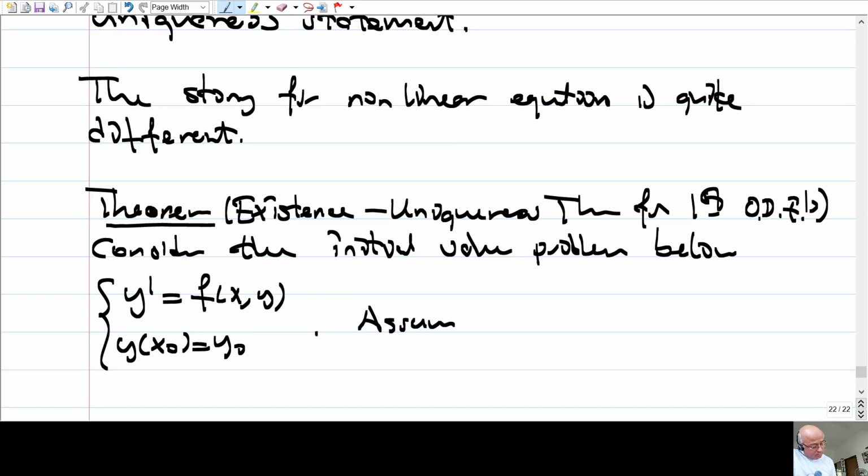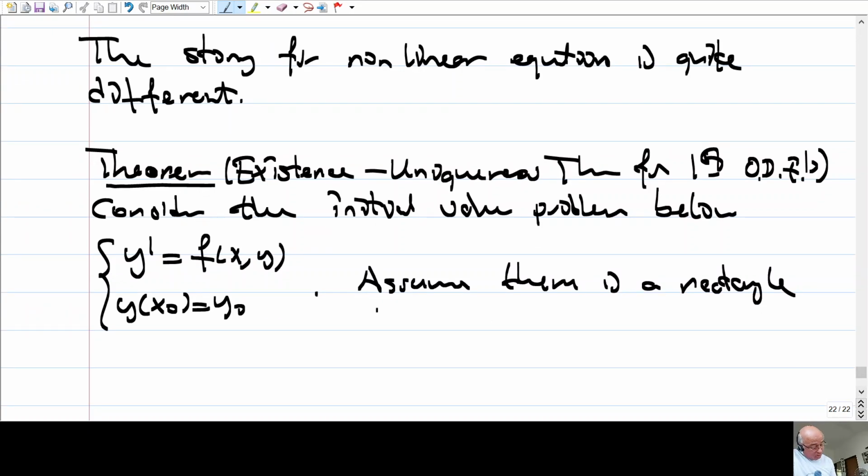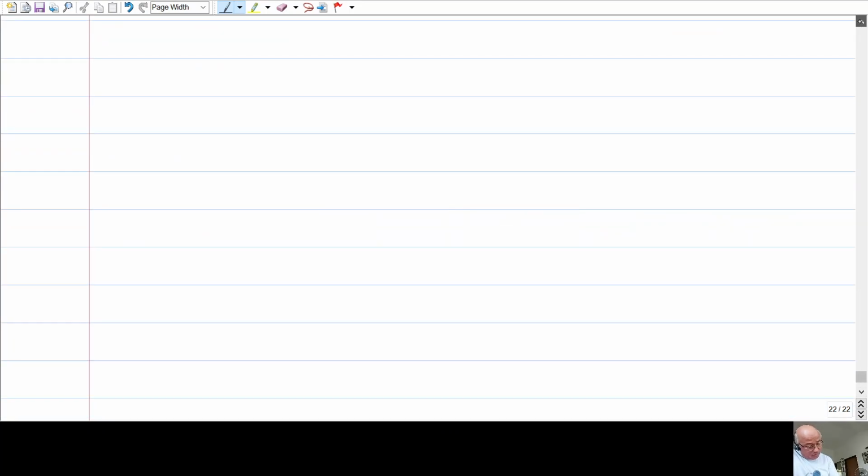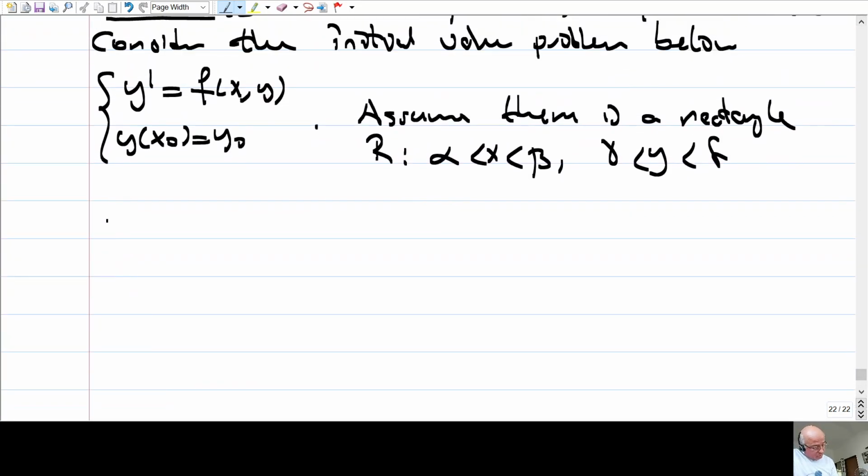Assume that there is a rectangle R, so that x is between alpha and beta, and y is between gamma and delta, so that the point (x0, y0) is in this rectangle.